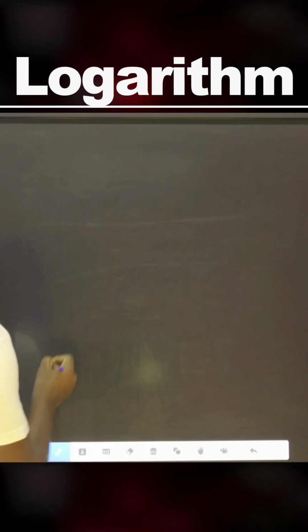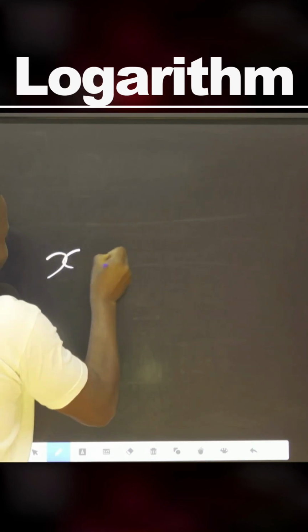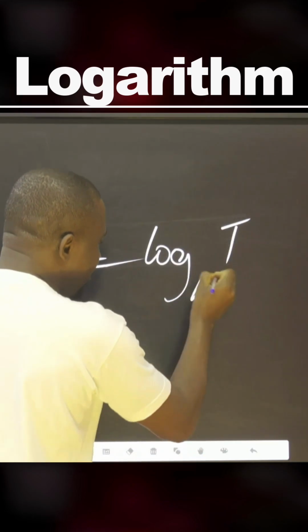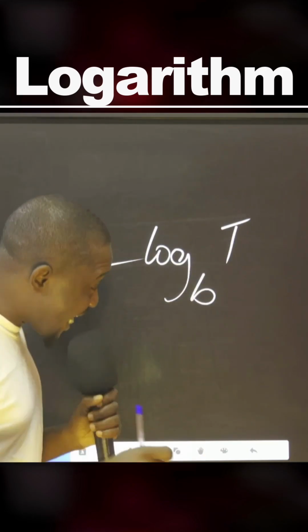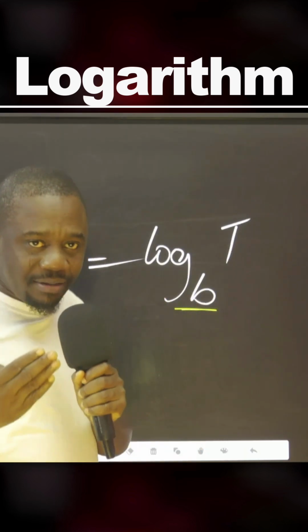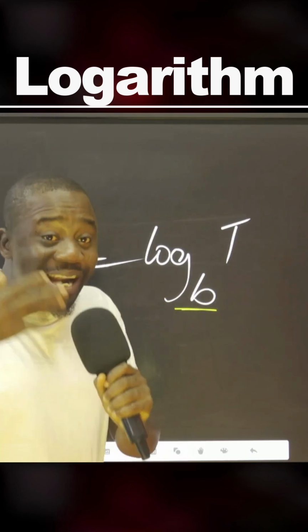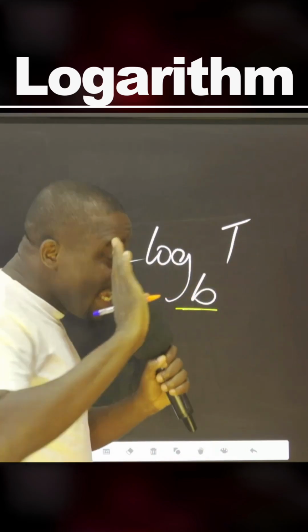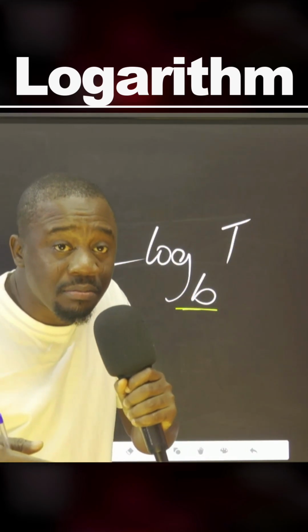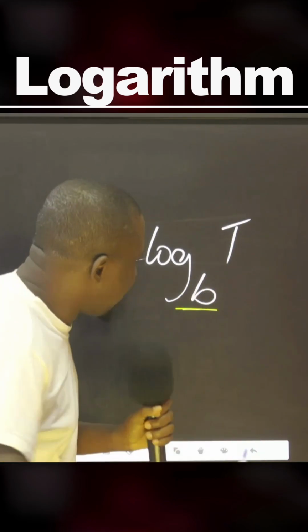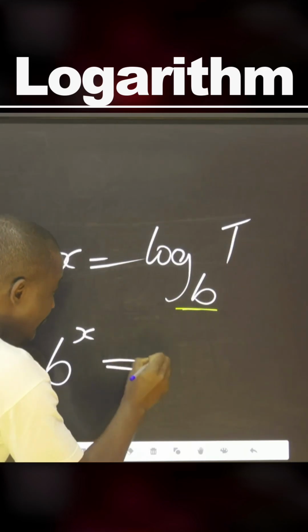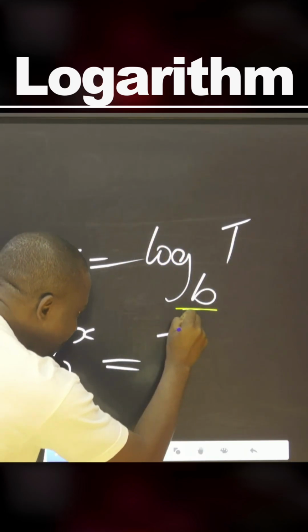Therefore, if you have something like this, say S is equals to log T to the base of B, what is it telling us? That B is Mr. Carrier. It's meant to carry this, carry that. Now, this guy said, please, I am tired of you carrying me. Okay, you are tired, no problem. I need to go to this side to carry S. Because log was with it before, we don't put log again.